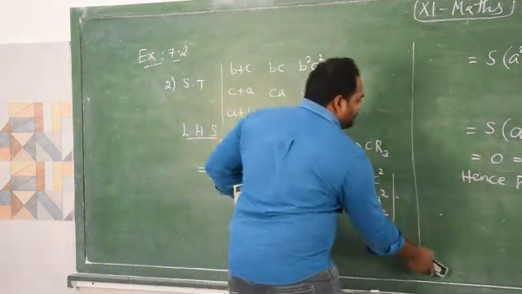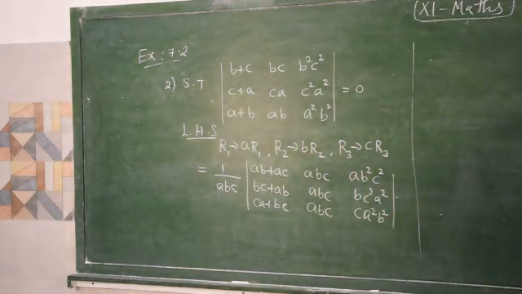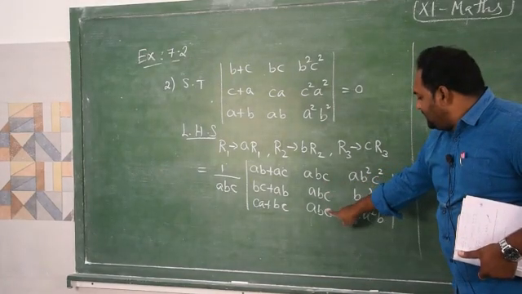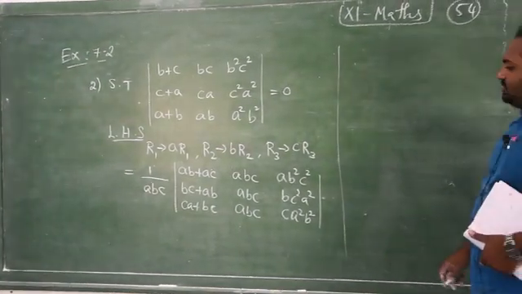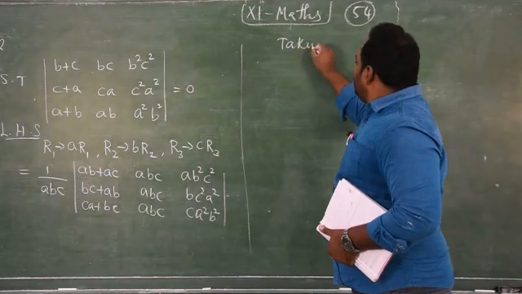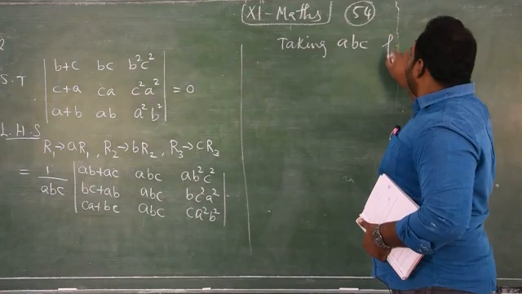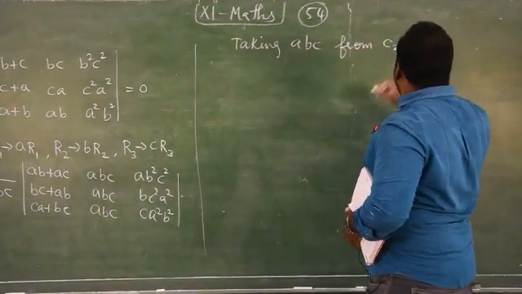Now, after that, look at this determinant. How can we simplify it? Can I take A, B, C commonly outside from the columns?